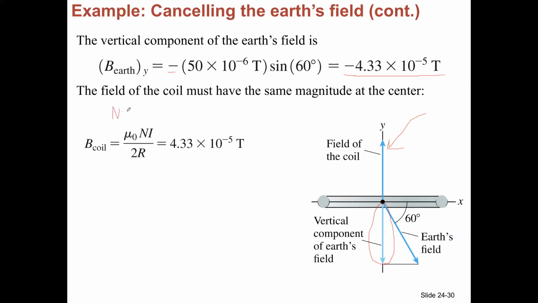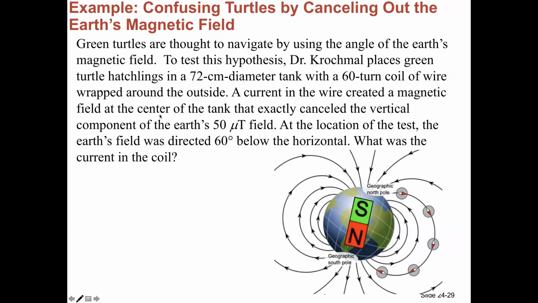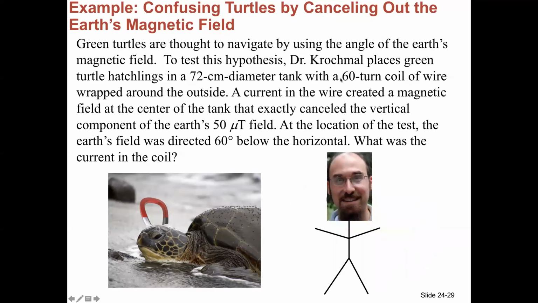I believe N was 60. Actually, let me just go back and get these numbers, and I will then come back to this slide. So N is 60, and the radius of the tank is 72 divided by 2.